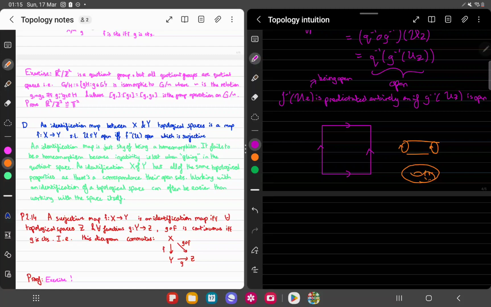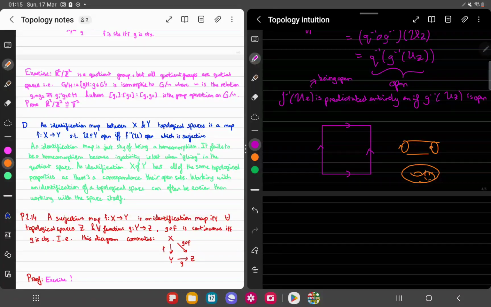But remember, when you're doing quotient spaces, you lose injectivity. So you can get all of the topological properties you want, but you're not exactly the same object. You identify them as being practically the same topologically, though.